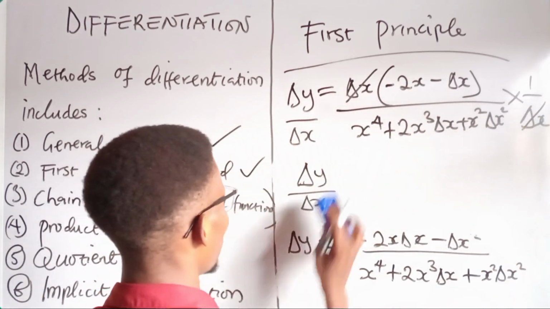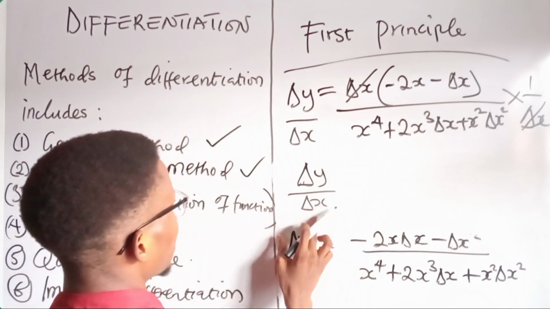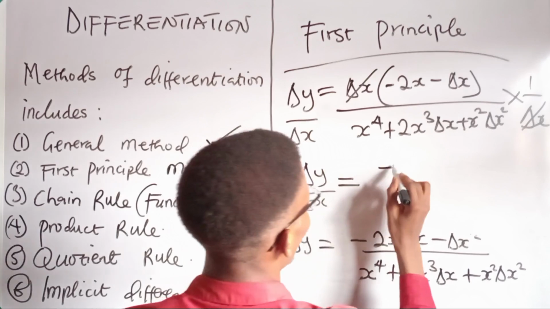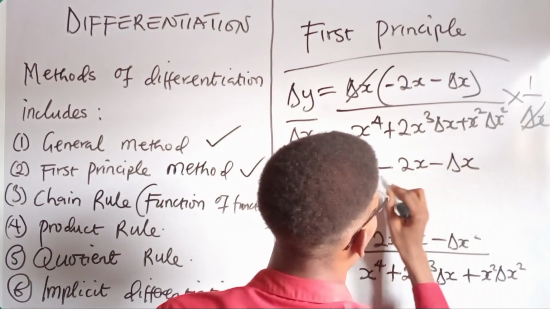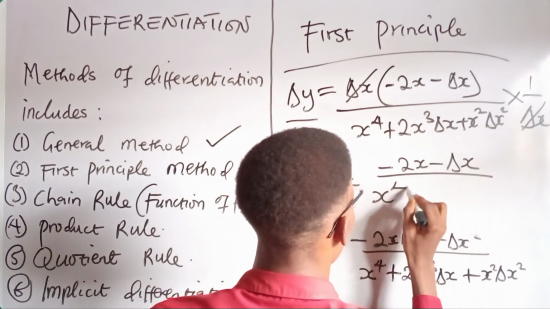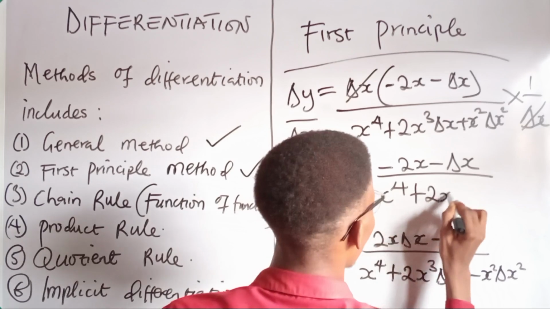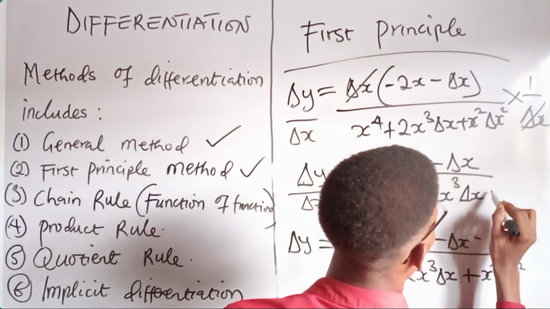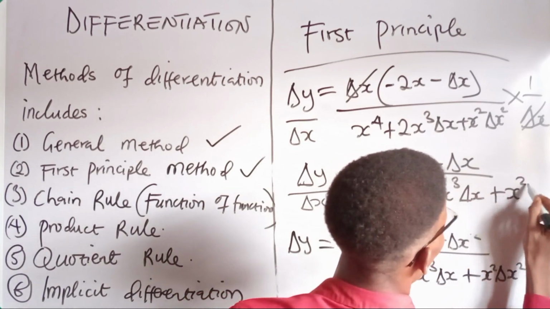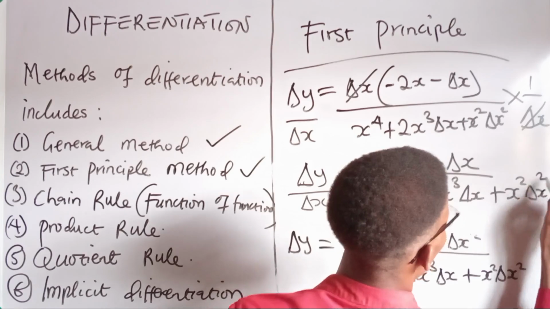All right, then it will now remain change in y over change in s is equal to minus 2s minus change in s all over s raised to power 4 plus 2s raised to power 3 change in s, then plus s squared change in s squared.